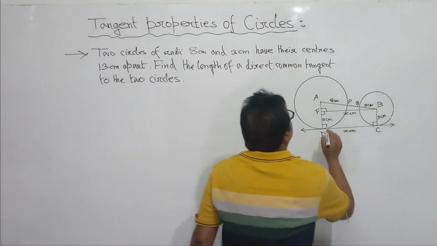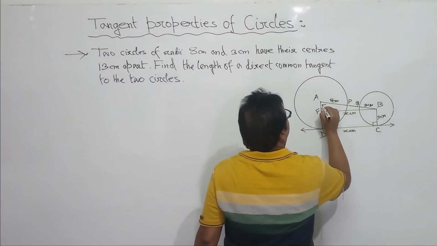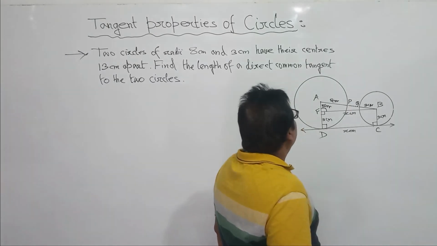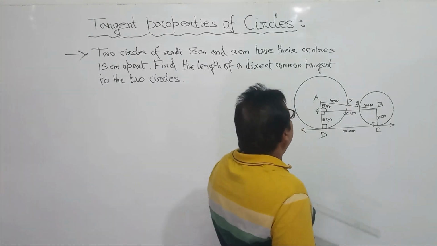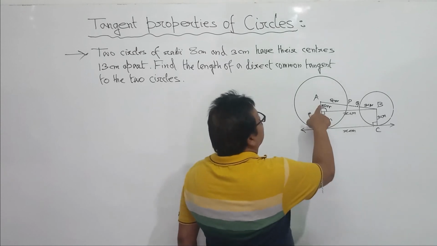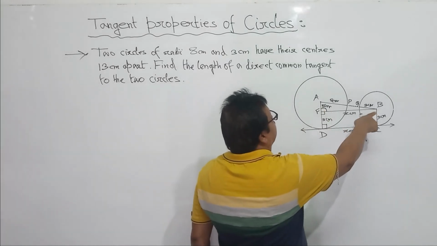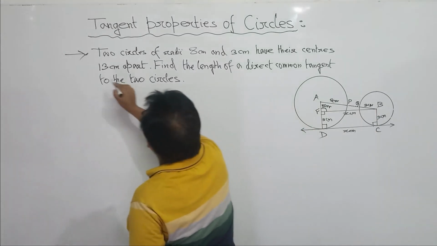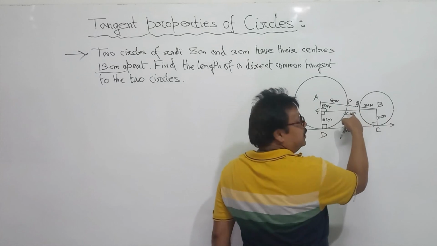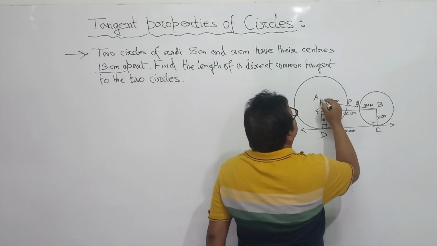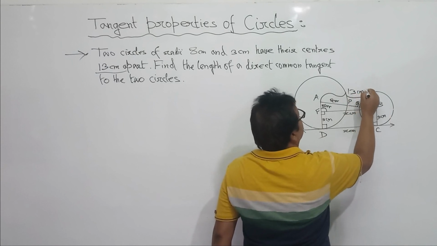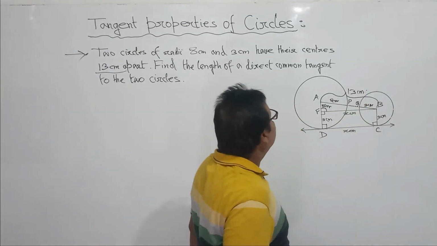Correct. 8 minus 3 is 5 cm. Now it is already given the distance between the centers is 13 centimeter apart. That is, they are not touching here.